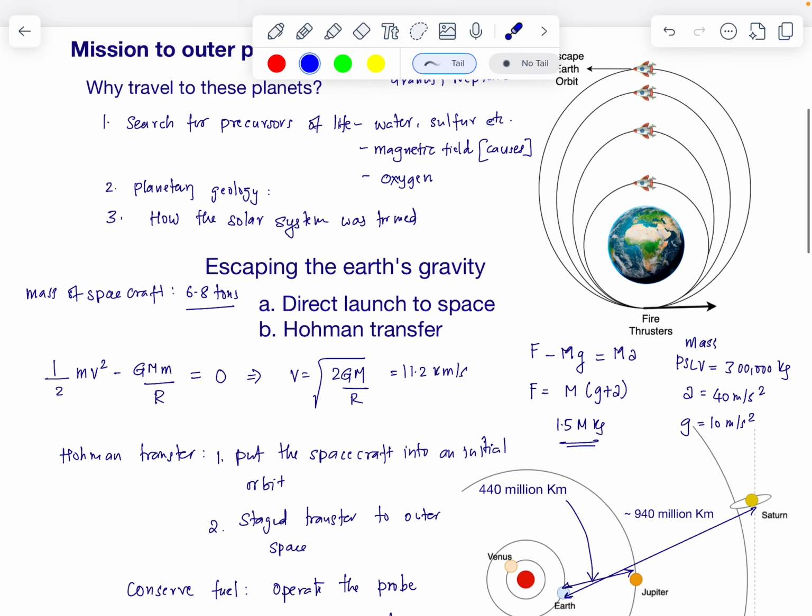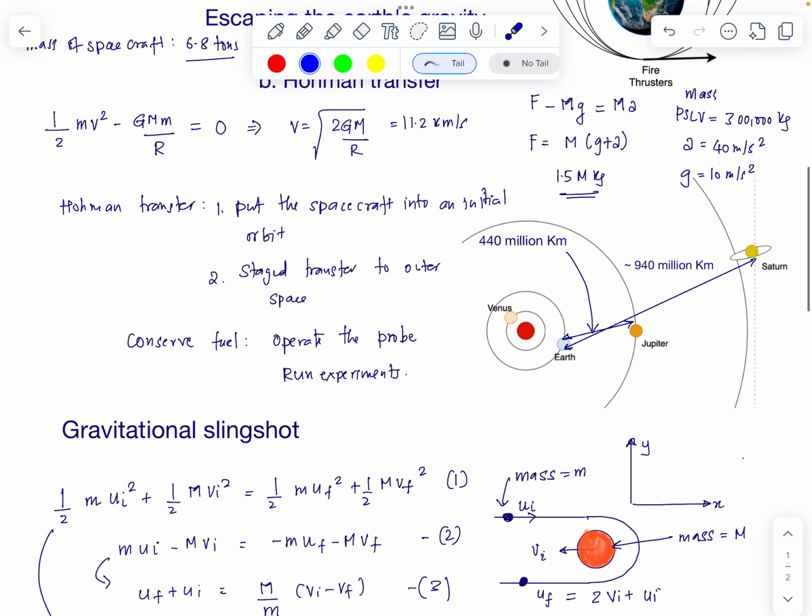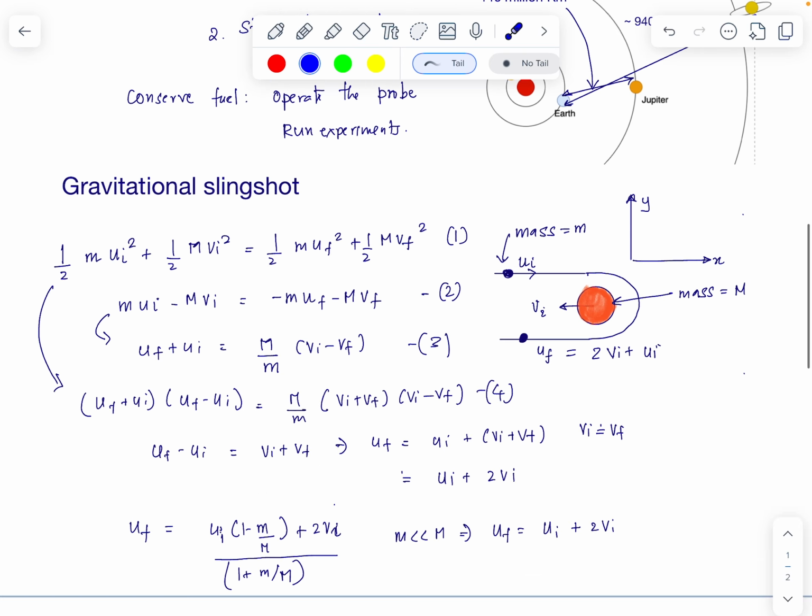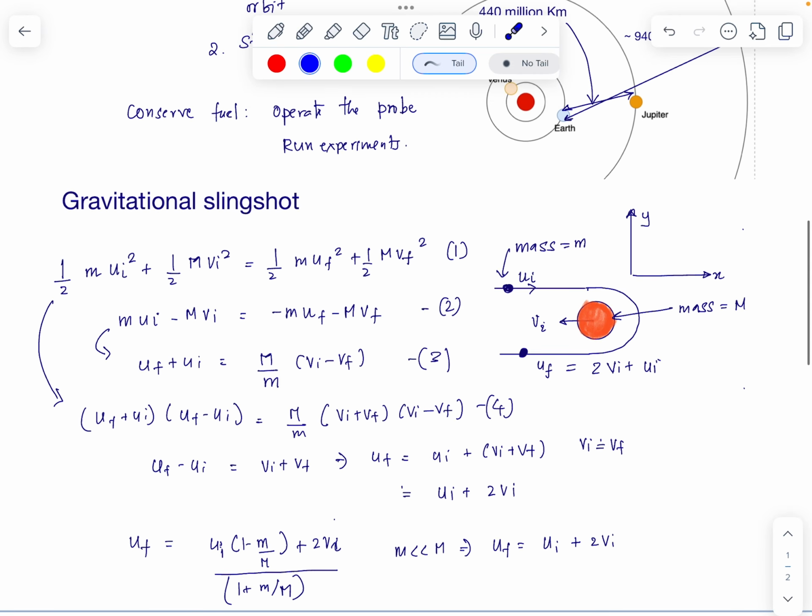We also found out that if you want to traverse this vastness of space very efficiently, we need to use the gravitational slingshot effect, which speeds up the spacecraft to the desired velocities, but it takes a long time.